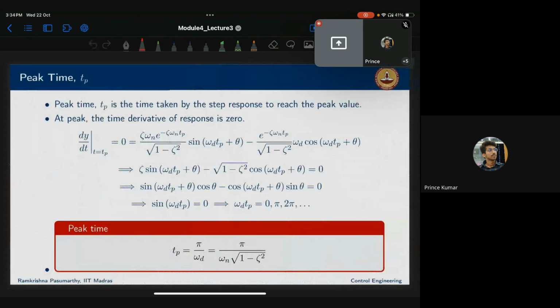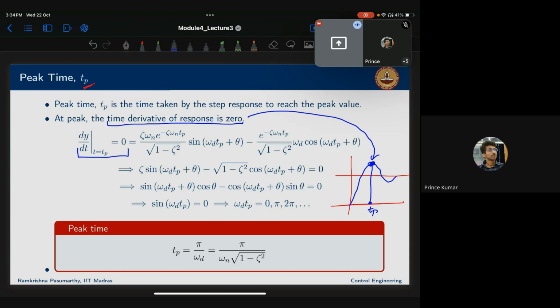Next, peak time. This is your reference, this is the waveform we have, and this time we call the peak time. That is the time at this point, where the time derivative is 0, because the derivative is 0 here.